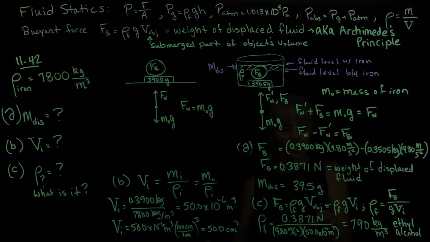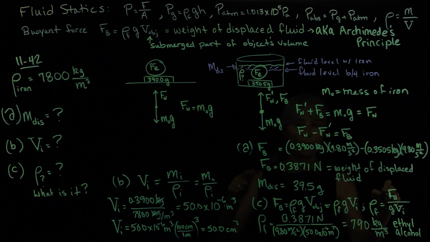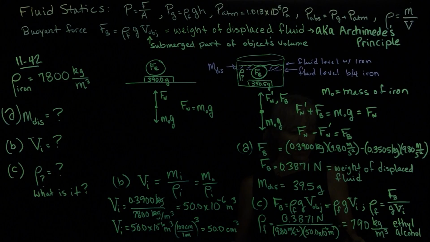And now plugging those in, I found the buoyant force earlier as 0.3871 newtons. Acceleration due to Earth's gravity, and now the volume of the iron. I want to be careful to use standard units for that volume, so there it is right there. And when I work out these numbers, I get 790 kilograms per meter cubed.